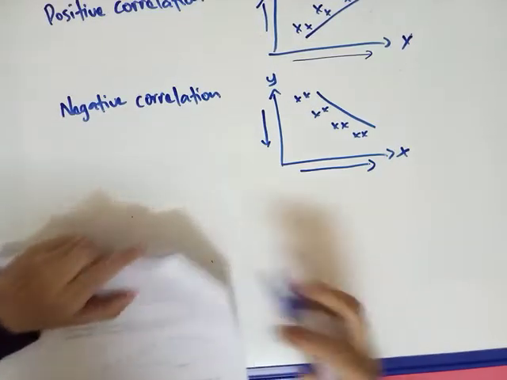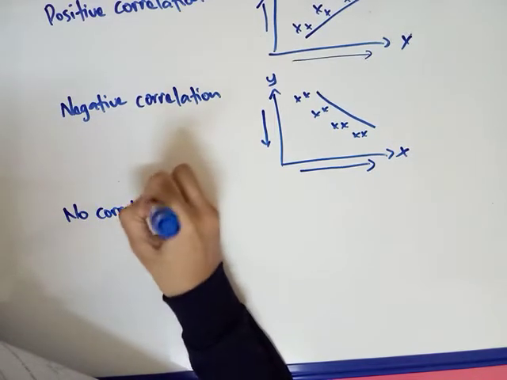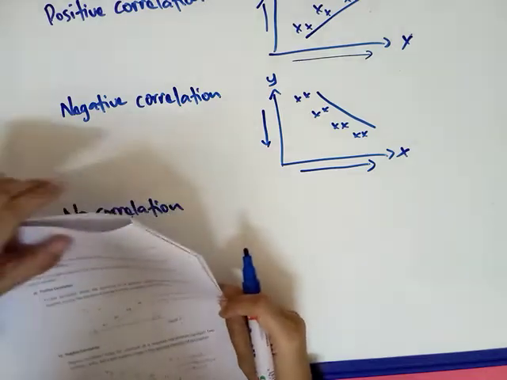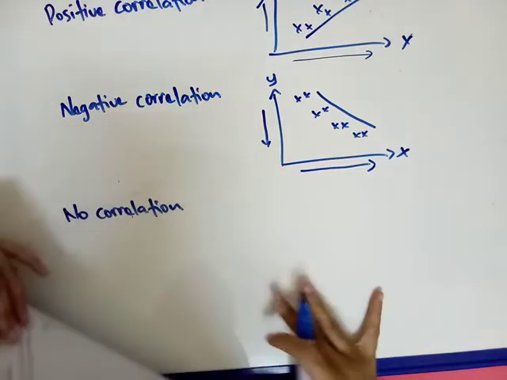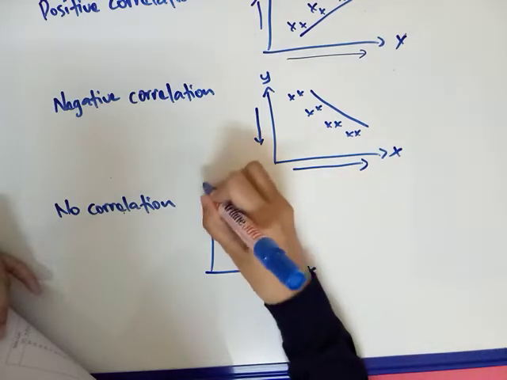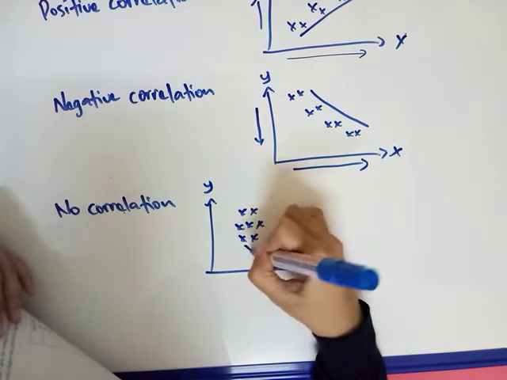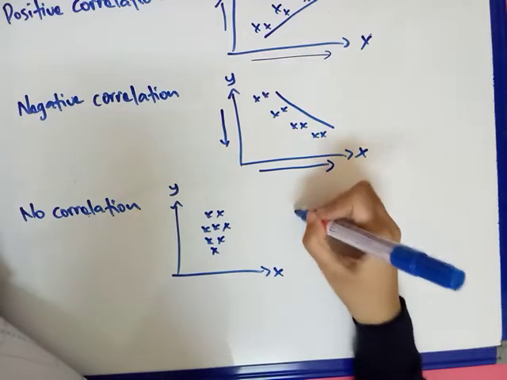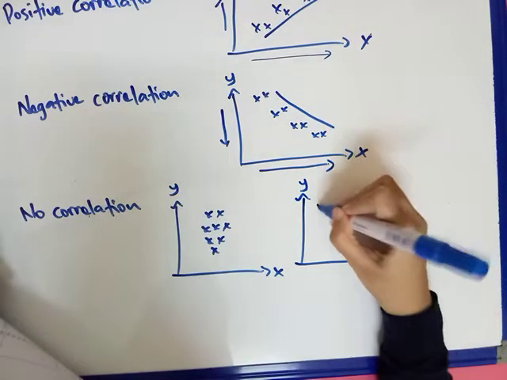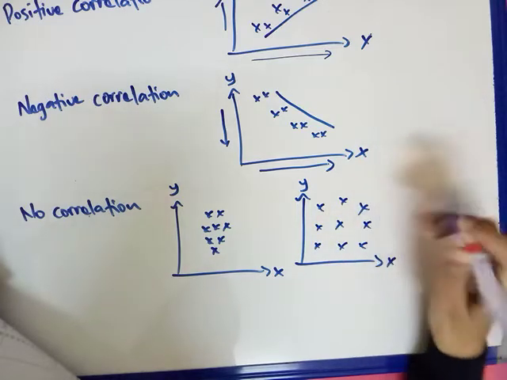Okay, and the last one is no correlation. No correlation is described as there is no relationship between two variables x and y. Okay, it means the graph would be like this, or it will be like this also. Dia berselerak.